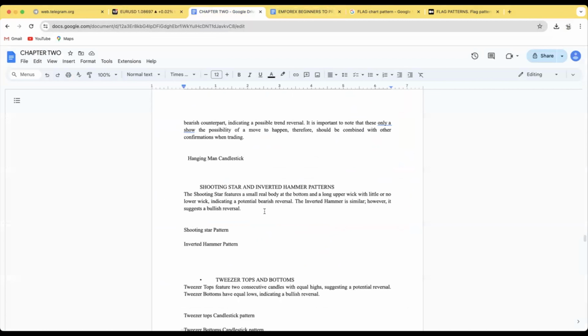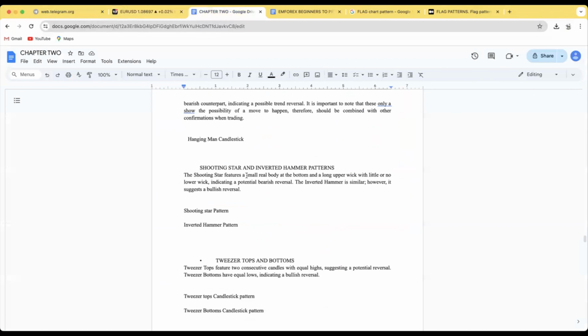So the shooting star, it says the psychology behind it. Majorly what you need to understand is the psychology behind it. It has a smaller body at the bottom and a longer upper wick, with little to no lower wick.